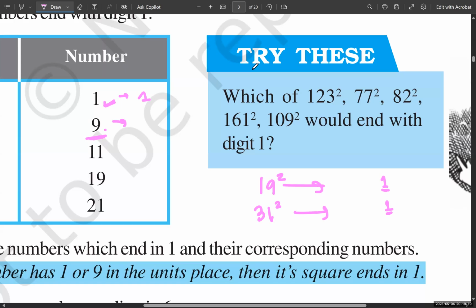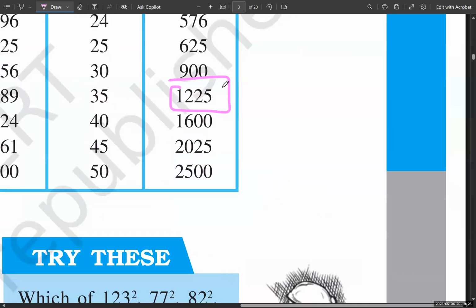Can you see the screen? Yes, ma'am. What is the place value of ones here? Which number is in the ones place? A five.